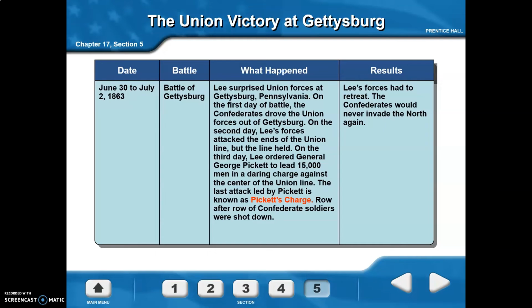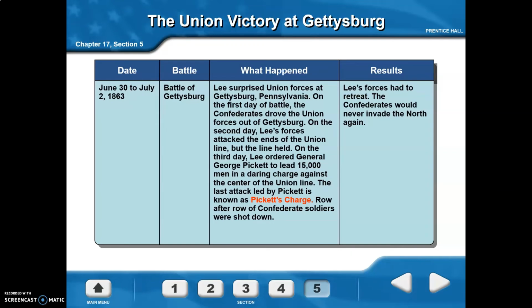So General Lee of the Confederacy wanted to surprise Union forces at Gettysburg. So he brought his troops up to Gettysburg, Pennsylvania, which is a small town in Pennsylvania. And on the first day of this battle, the Confederates won. They drove the Union forces out of Gettysburg. And the Union forces were like, we're not going to have that.